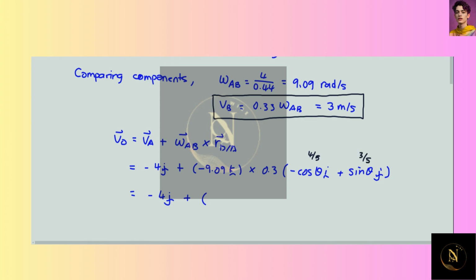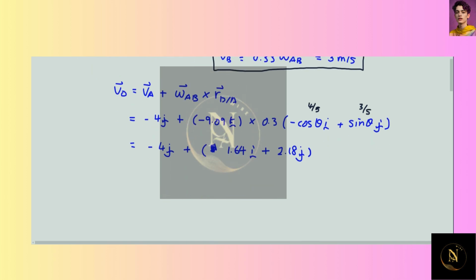When you substitute and do the cross product, you get 1.64 i plus 2.18 j. Then VD will be 1.64 i minus 1.82 j.